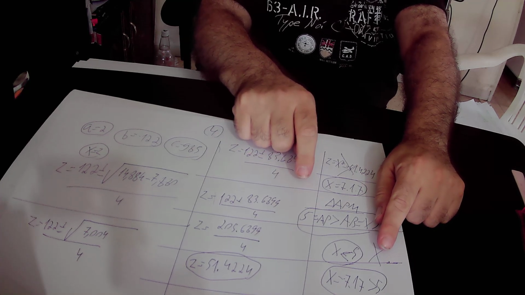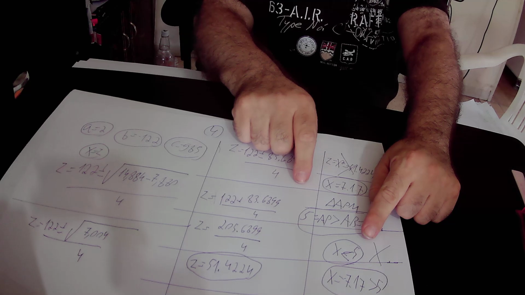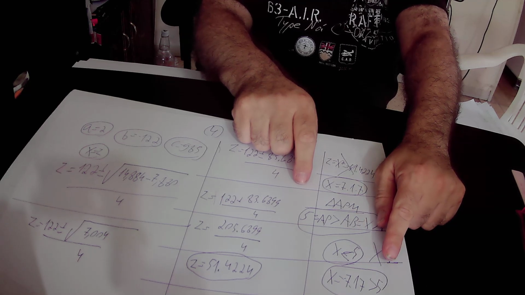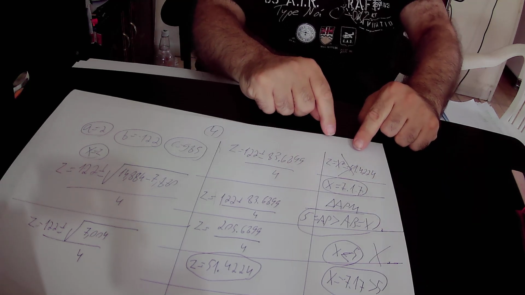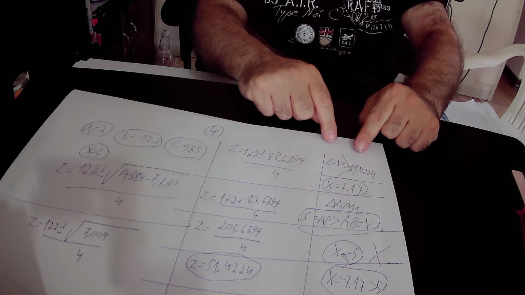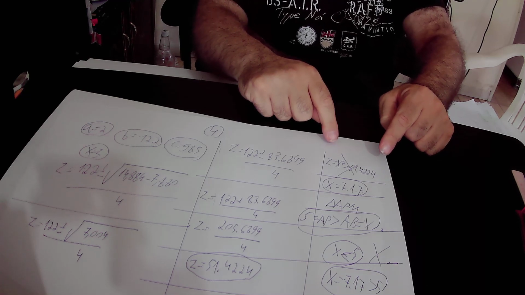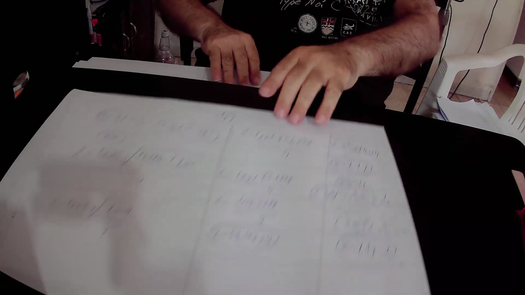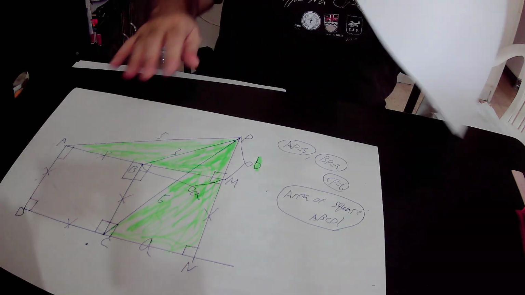That is to say, x cannot be 7.17 units because x must be less than 5 units, and 7.17 units is bigger than 5 units. Therefore, we cancel this solution. Z cannot be equal to 51.4224 units.